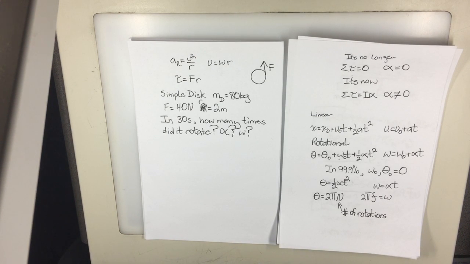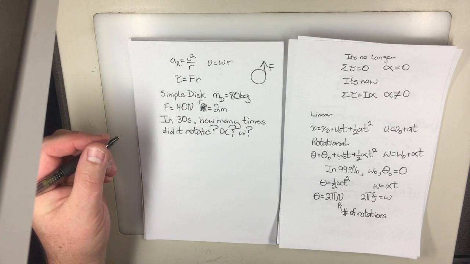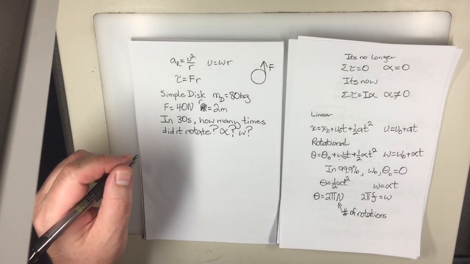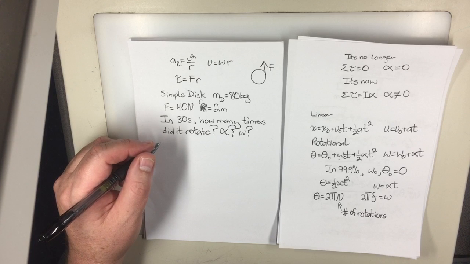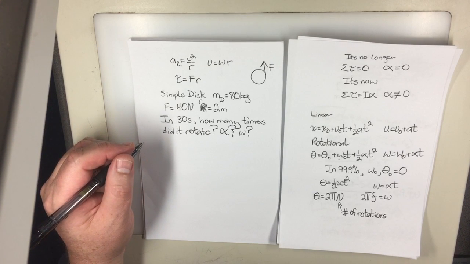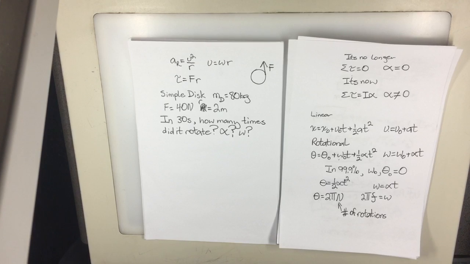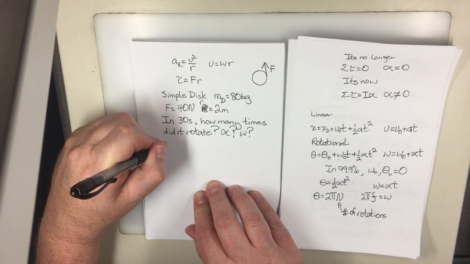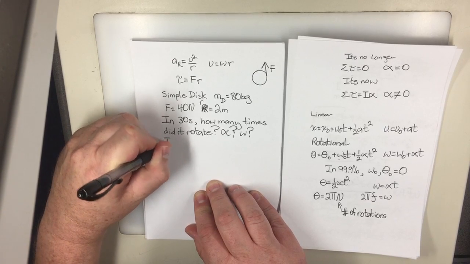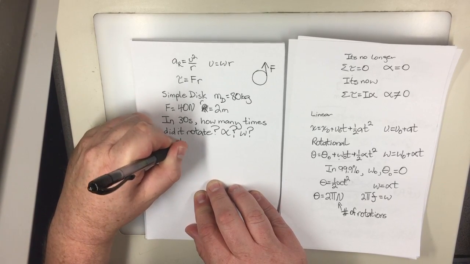Let's see, what else? We'll keep it simple like that. What's my final omega? That'll be good enough. So in a situation like this, this is the one thing I needed to say: it starts from rest.